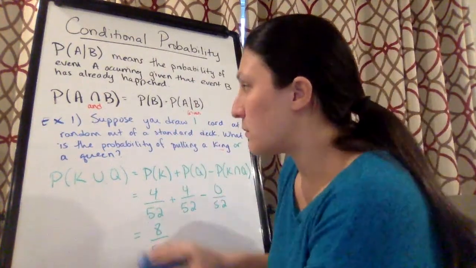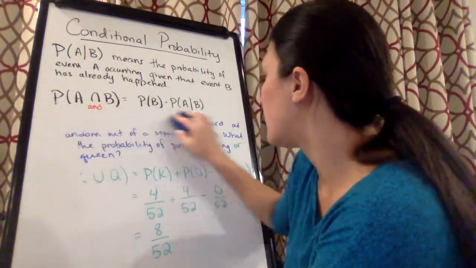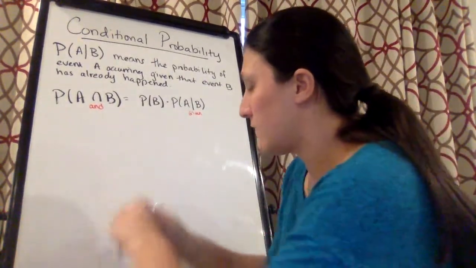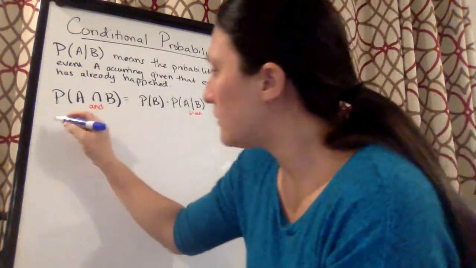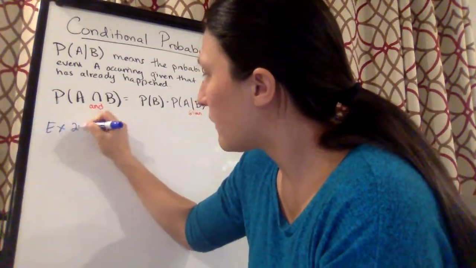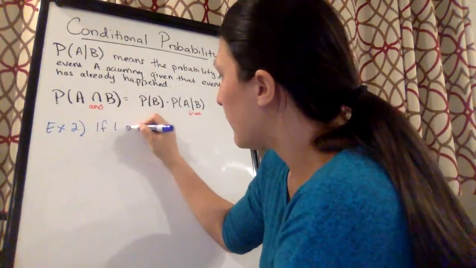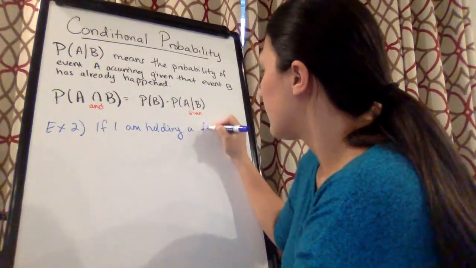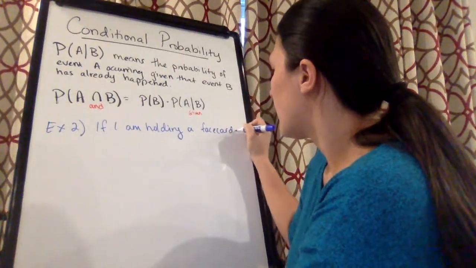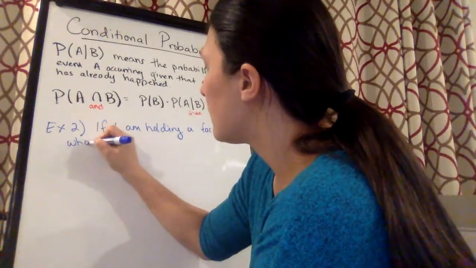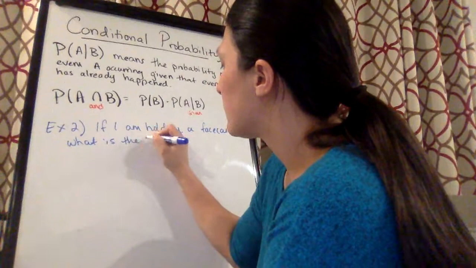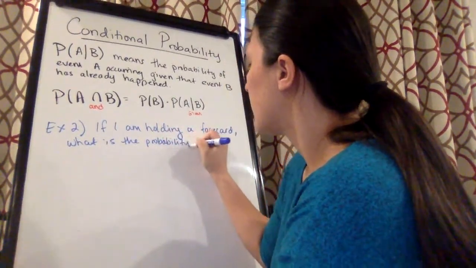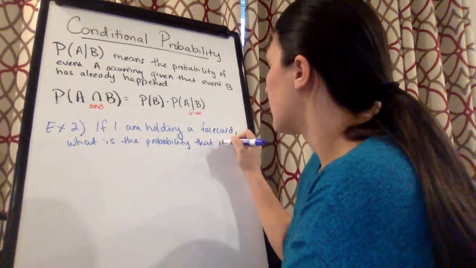I'm going to write that up here. So we have this as a second example. Example 2. If I am holding a face card, what is the probability that it is a king?